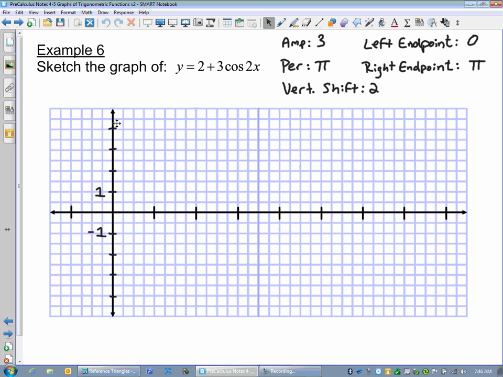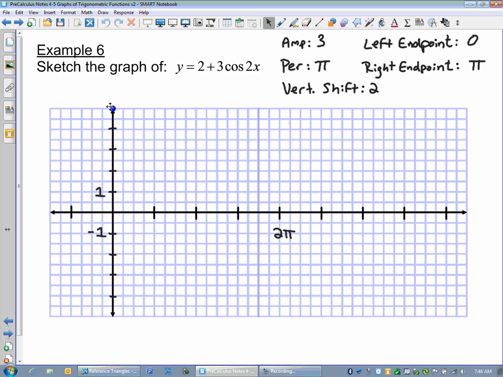So if I make that my vertical scale, then I can get a plus 5 there. Because at the left endpoint, that would be the maximum, which would be 3. But then we're shifting the entire graph up 2 units, so we're actually going to start at the maximum value of 5. Oh, and our horizontal scale is going to be our normal scale that we've been using.